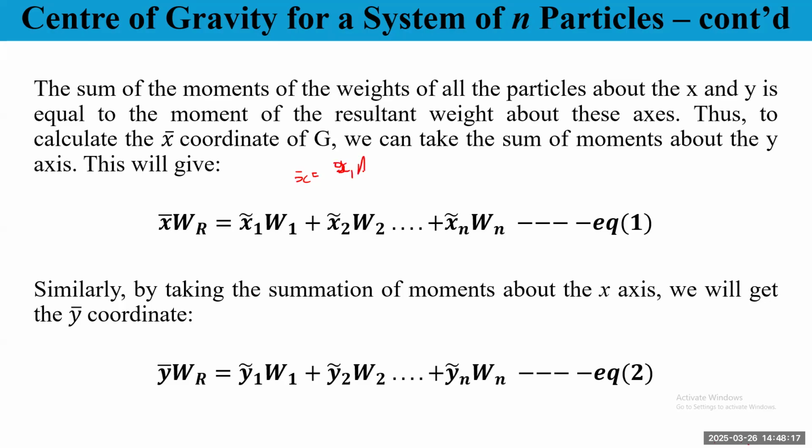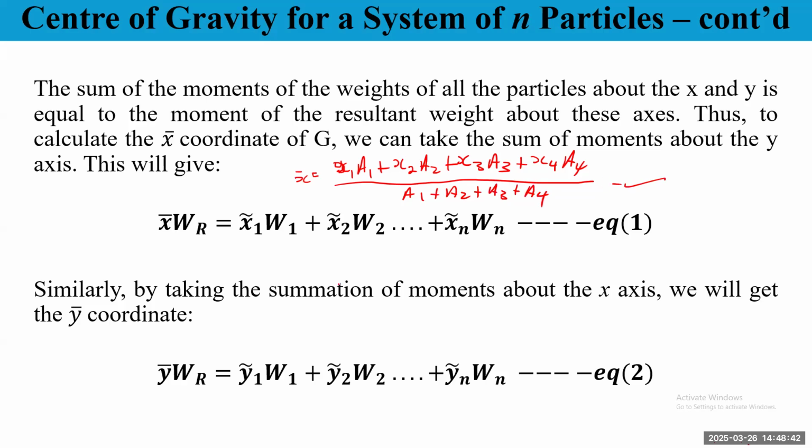A1 times X1 plus X2 A2 plus X3 A3 plus X4 A4, and the sum of the area, which is going to be area 1 plus area 2 plus area 3 plus area 4.